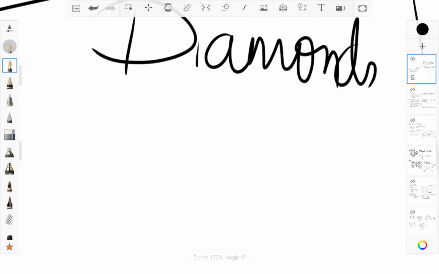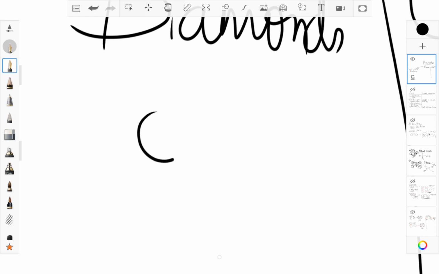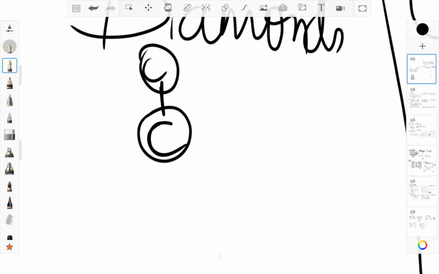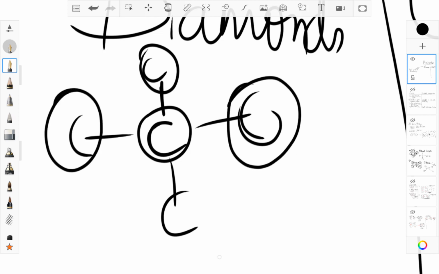The main difference arises in their structure. First of all, diamonds have one carbon atom that is covalently bonded to 4 other carbon atoms as such.